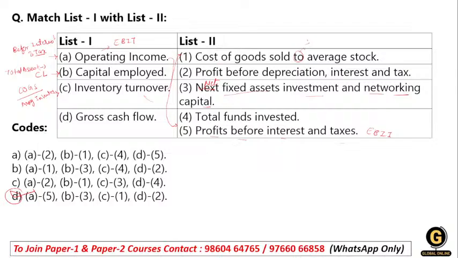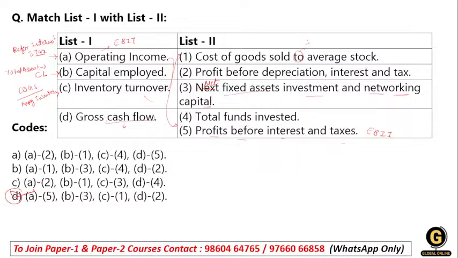Then gross cash flow. Gross cash flow typically indicates operating profit, how much the company takes as inflow and outflow for the organization.